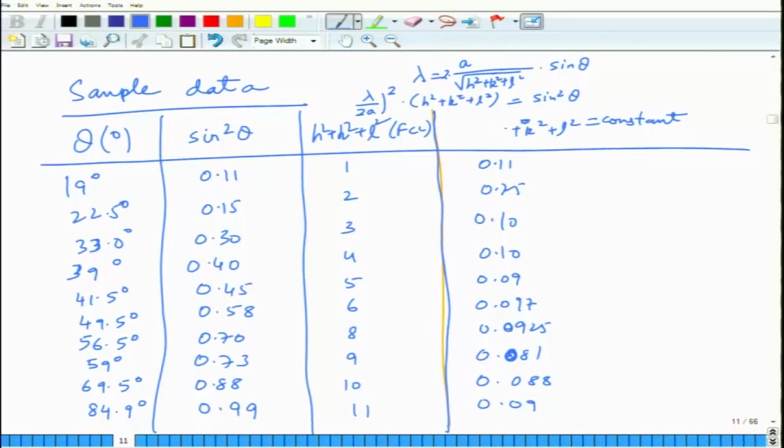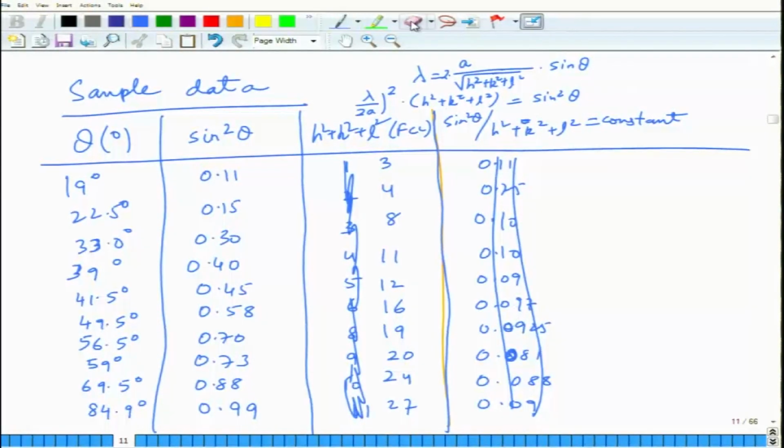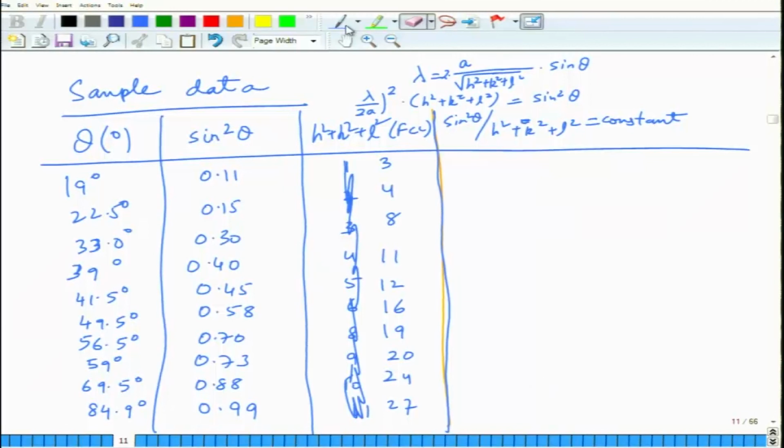For FCC, the values of h square plus k square plus l square are 3, 4, 8, 11, 12, 16, 19, 20, 24, 27, and if I now work out the values, I will get 0.037, 0.038 and so on and so forth.